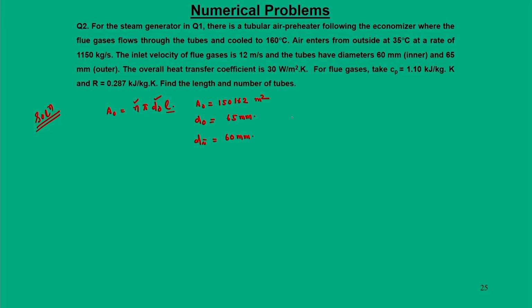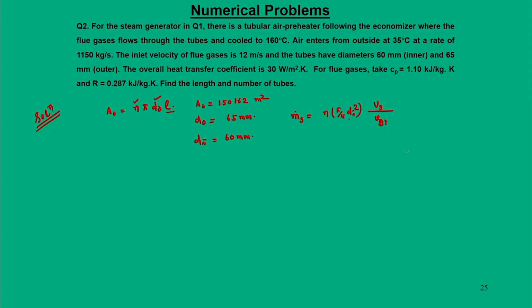So, to do that we have to recall this expression, mass flow rate of flue gas, which is n into pi by 4 di square, because flue gas enters through a tube of diameter di, and Vg velocity of the flue gas, specific volume of the flue gas.